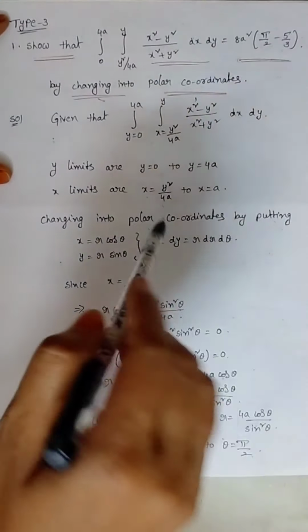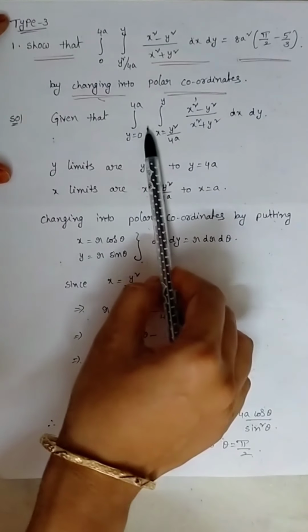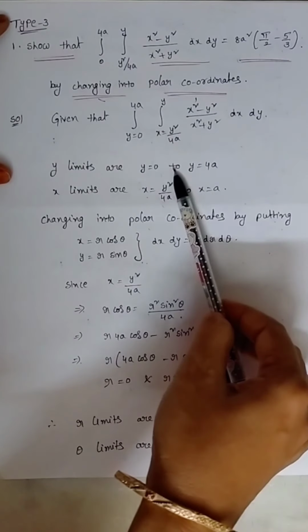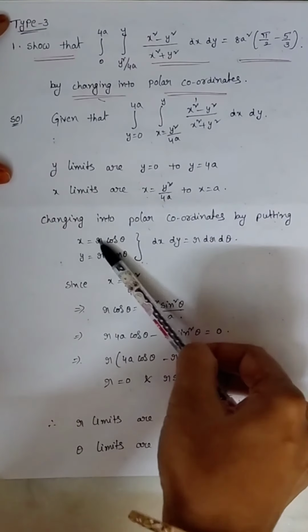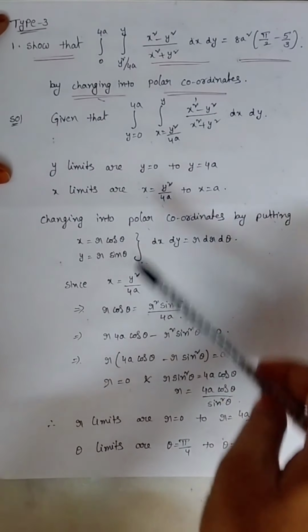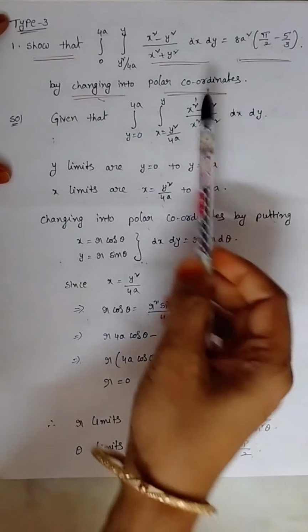This is polar coordinates. First we have to take what are the x limits and what are the y limits, and from them change to r limits. Then we integrate.